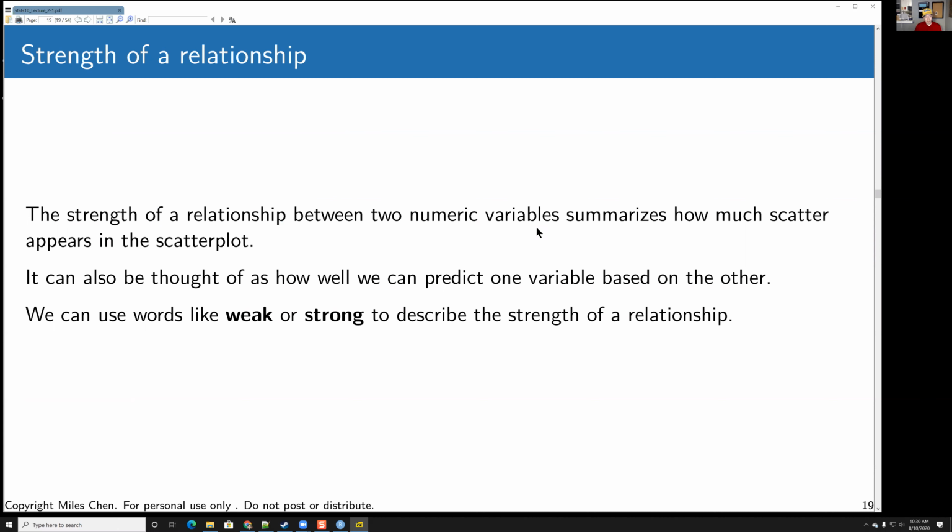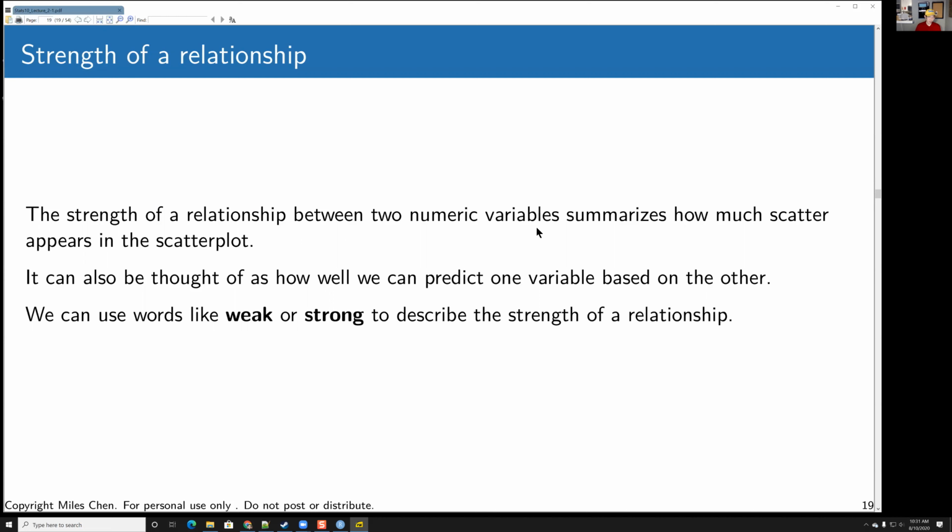All right, and as we continue talking about how to describe a relationship, what we want to mention now is the strength of a relationship, okay? The strength of a relationship kind of summarizes how much scatter appears in the scatter plot. You can also think of it as how well you can predict one variable based on the other, right?